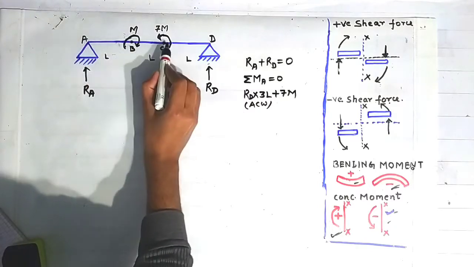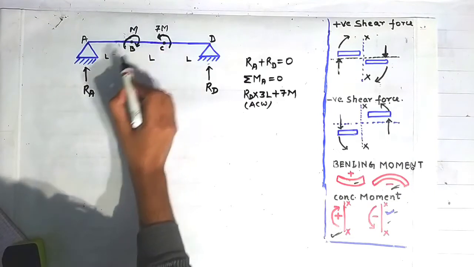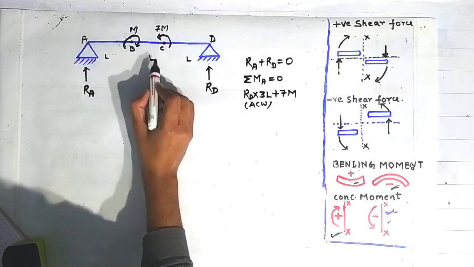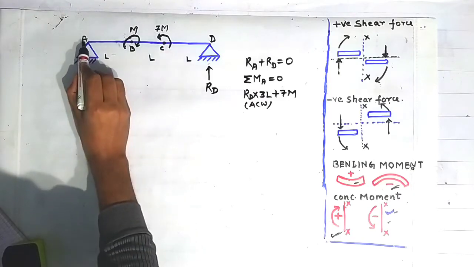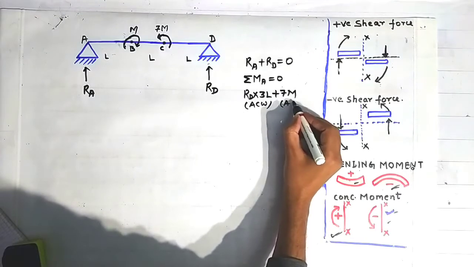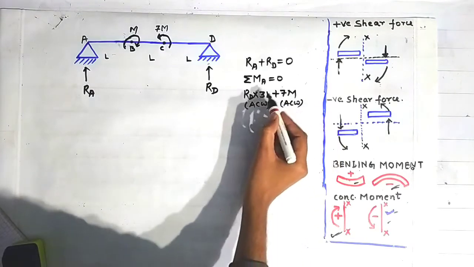Because this moment of magnitude 7m is trying to rotate this beam element AC in anti-clockwise direction about the point A. That's why it is taken here as positive. Anti-clockwise is taken positive here.